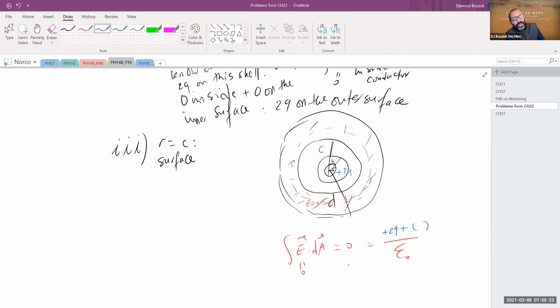So what should I add to the 2Q to make it equal to 0? Or probably what should I subtract from it to make it equal to 0?